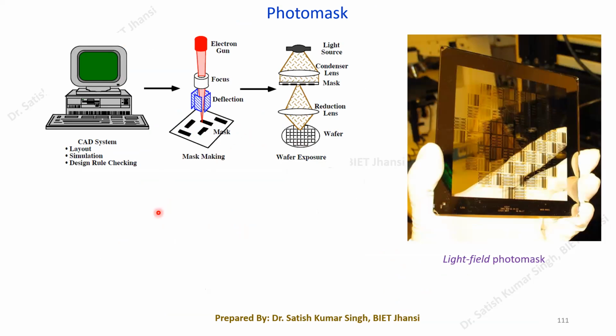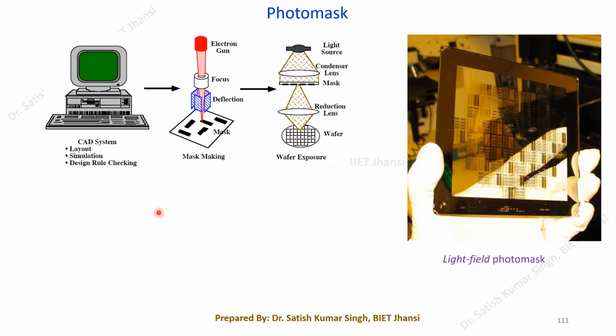First of all, we need to feed in the requirements of the mask, basically the requirements of our IC. We give the input about various features of the ICs, like the minimum feature size, the minimum distance between two elements, and the overlap that may be allowed between elements.